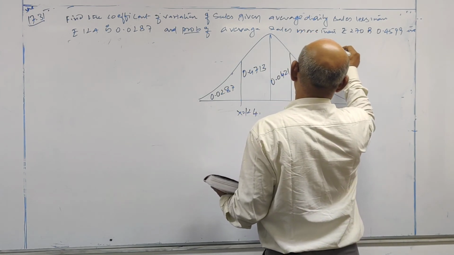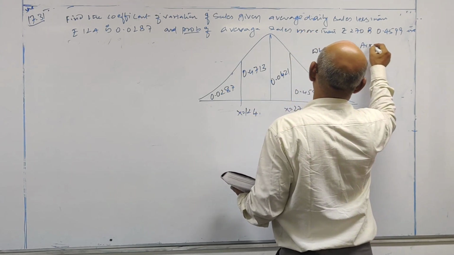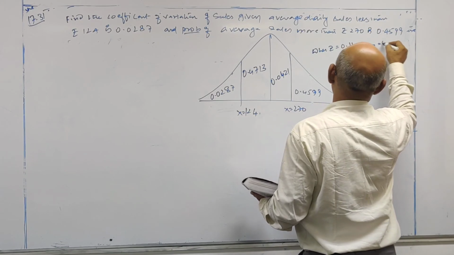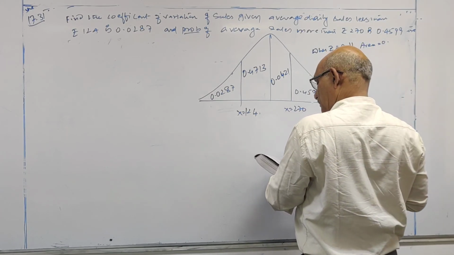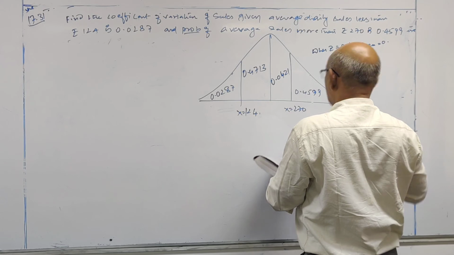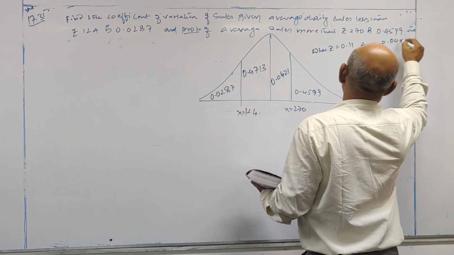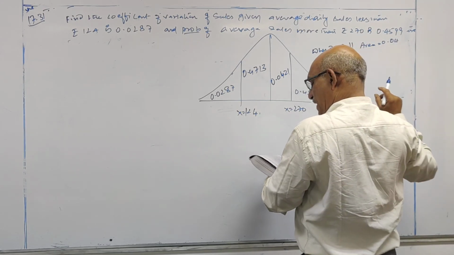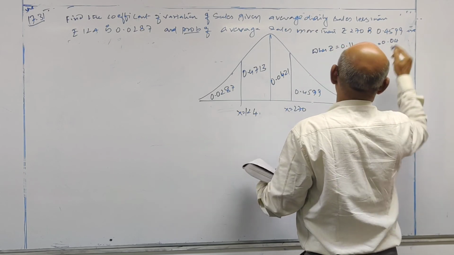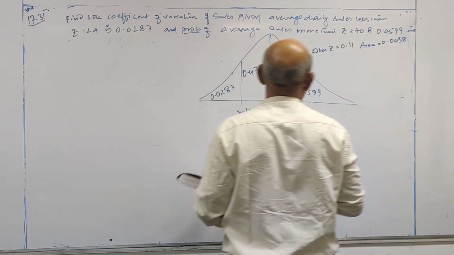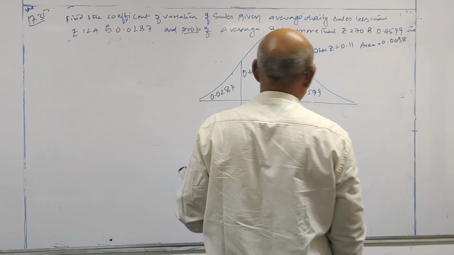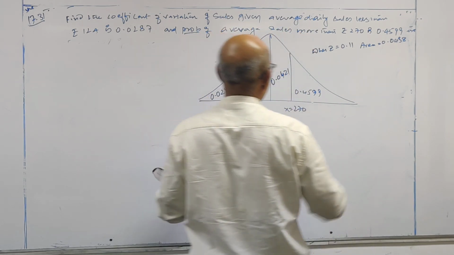When Z is equal to 0.11, the area is 0.04, slightly different from this value, no problem, hypothetical problem.